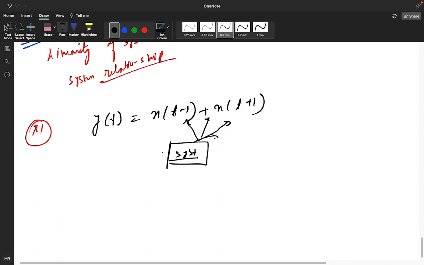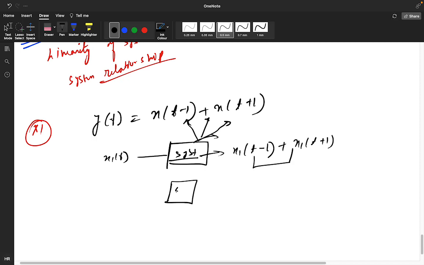So suppose I give the input x1 of t. First it will delay x1 of t by 1, then it will advance x1 of t, so x1 of t plus 1, then it will add them together. Now my input is x2 of t. It will delay the signal by 1, then advance the signal by 1.